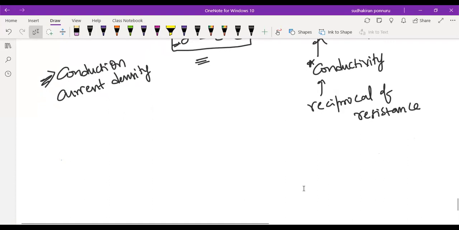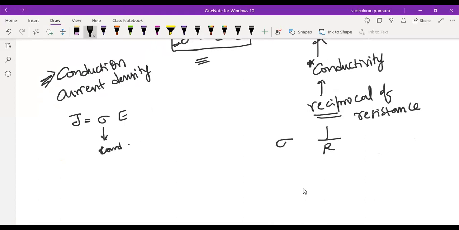Here you have J is equal to sigma into E. Sigma is nothing but conductivity, the reciprocal of resistance, so I can relate sigma with 1 by R. J is related with the current.